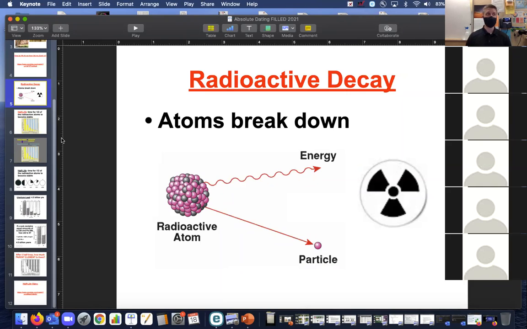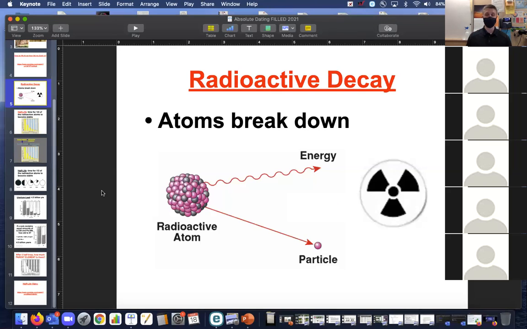When that happens, it changes what element it is. So an example we'll talk about is uranium changes to lead. Now it goes through a series of steps where it's different elements, but it eventually ends up being lead because it's giving off energy and giving off protons.